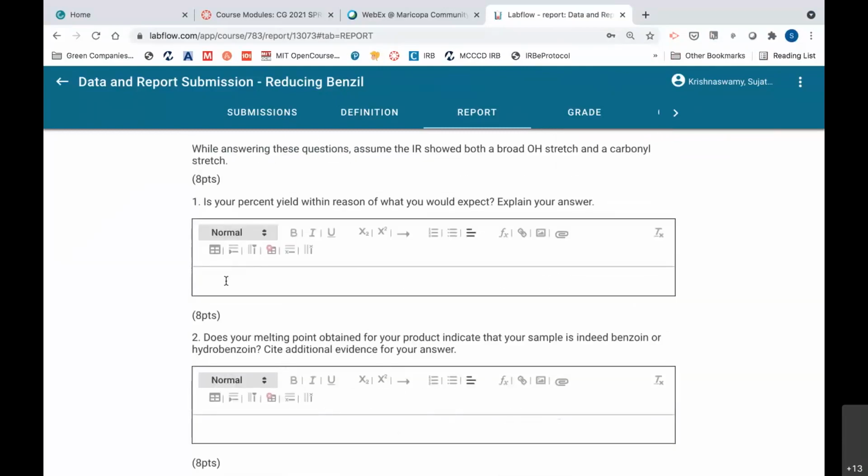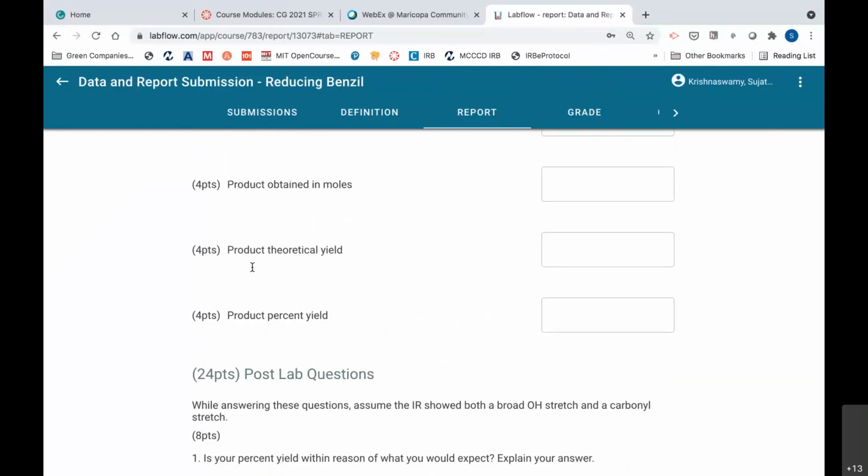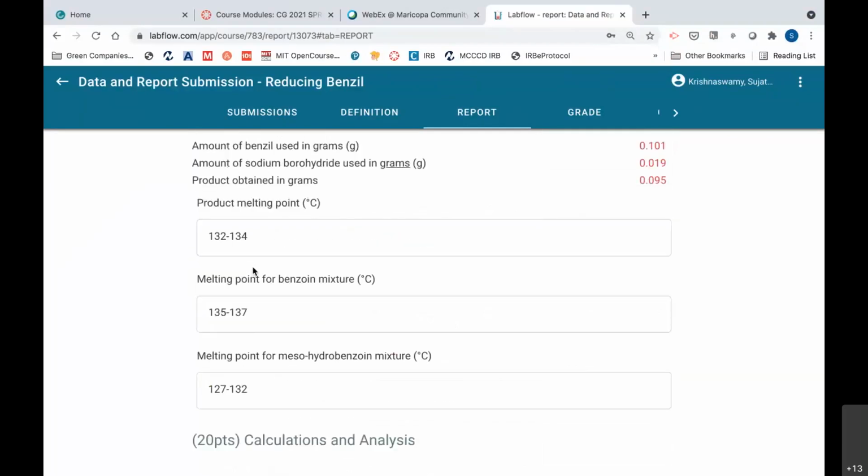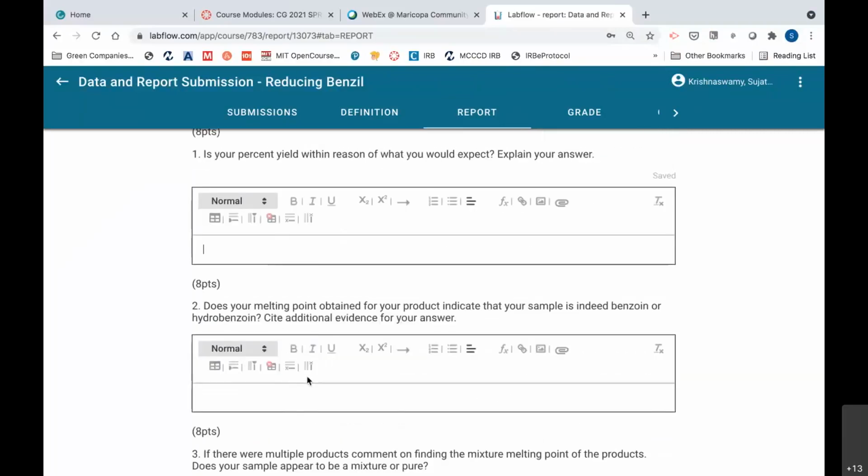Now, when you get to your percent yield, within reason of what you expect, always think about side reactions. If you're concluding that your product is partially reduced benzoin, your side reaction could have been a fully reduced hydrobenzoin. You don't know if it's meso or plus-minus.